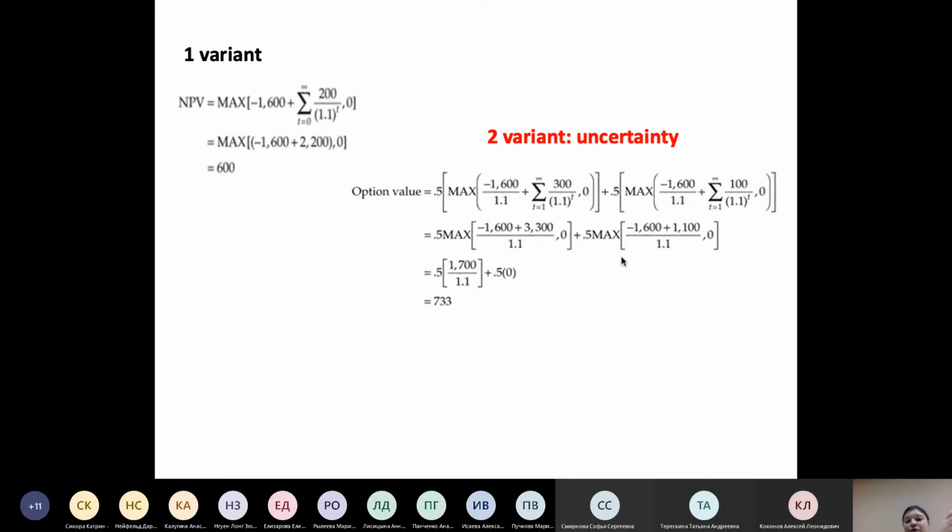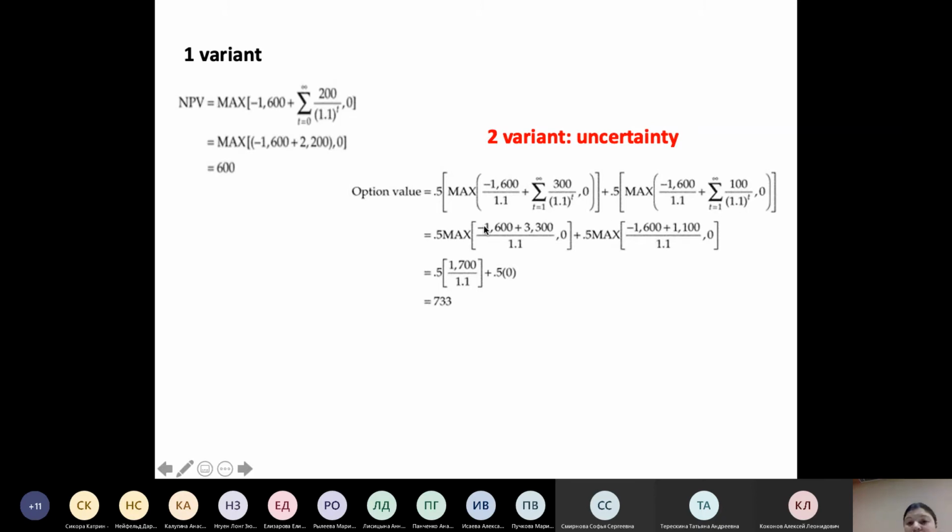It's the first solution. The second solution with the same probability of 50% will be the maximum between minus 1,600 divided by 1 plus 10% plus the sum of 100 divided by 1 plus 10% to the power infinity, starting from the first period and finishing in an unknown period, and 0.